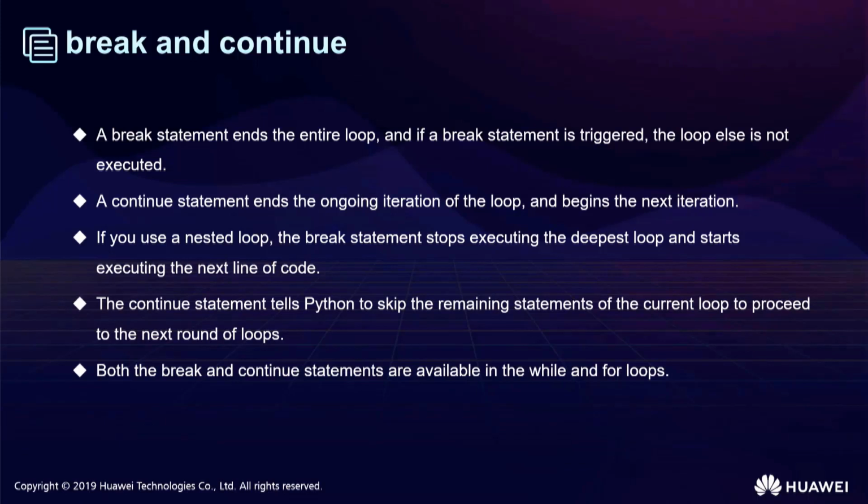The judging condition can also be a constant, which indicates that the loop must be true. A break statement terminates the for loop when needed. A continue statement skips the following statements and starts the next round of the loop. That's the difference between the break and the continue statement.